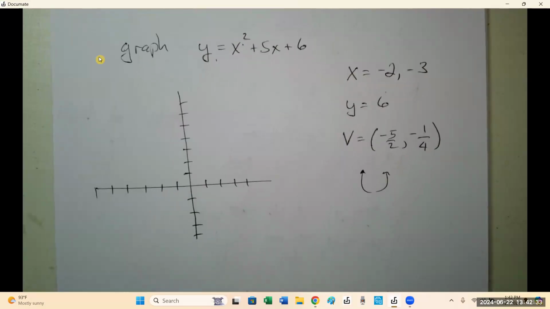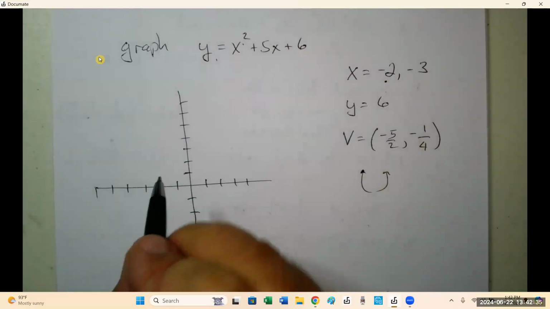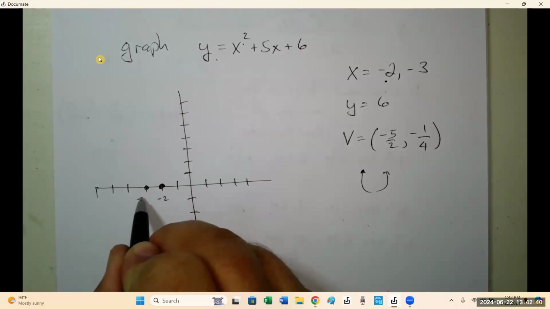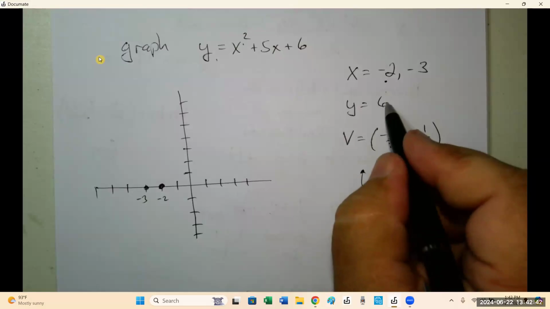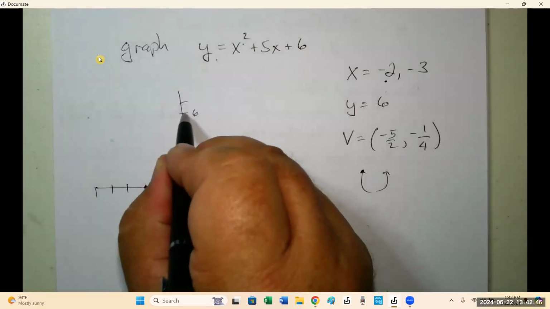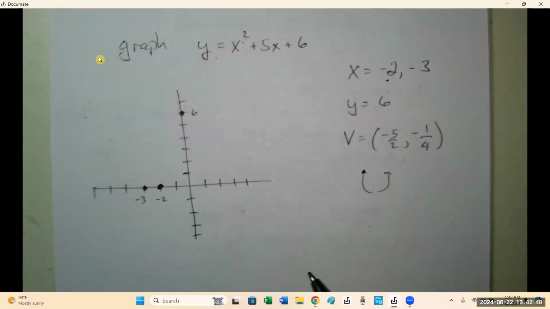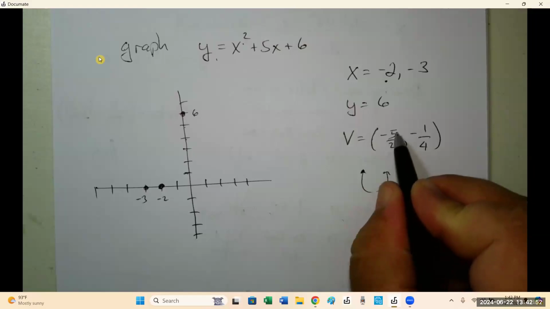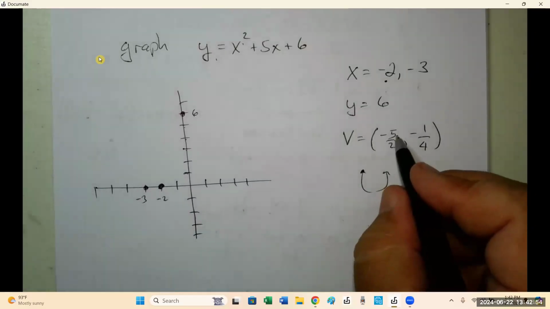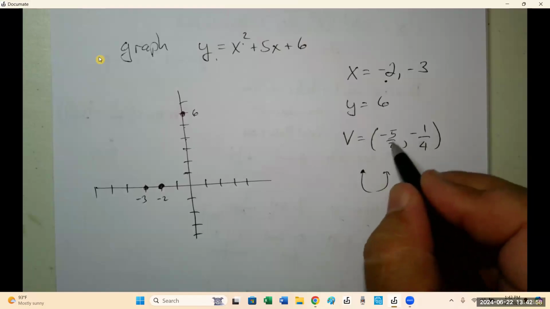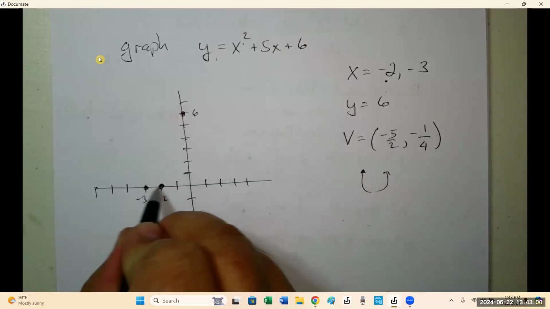So we have x-intercepts at negative 2 and negative 3. The y-intercept at 6. And the vertex is at negative 5 over 2, which is negative 2.5, so it's between negative 2 and negative 3.